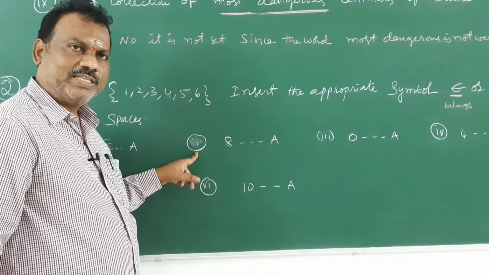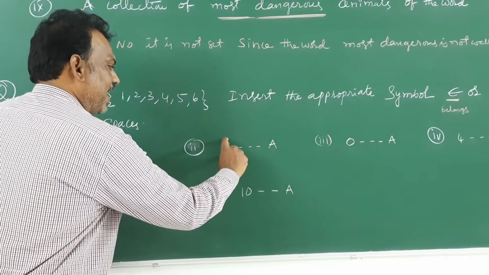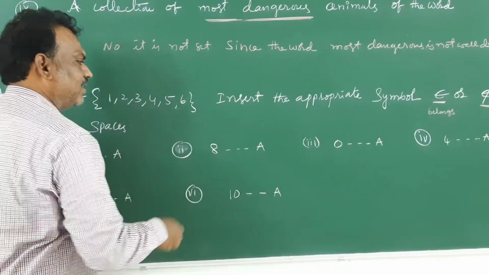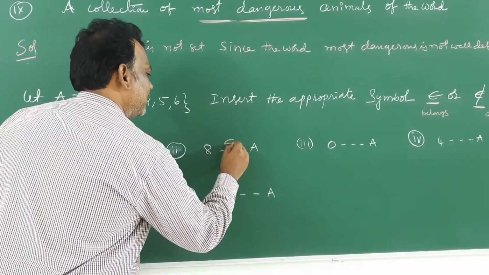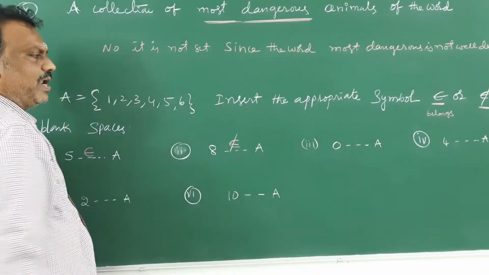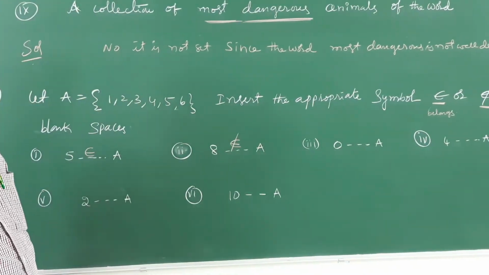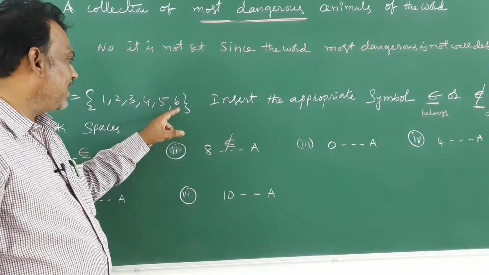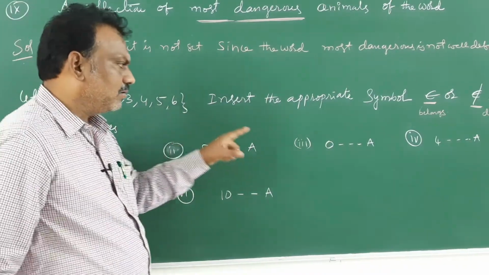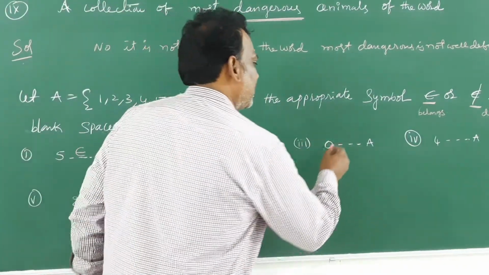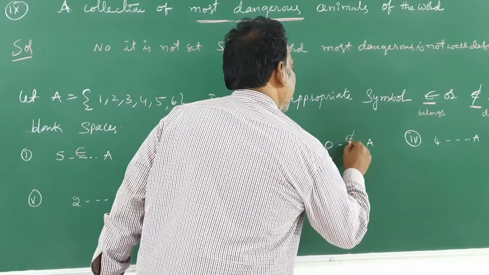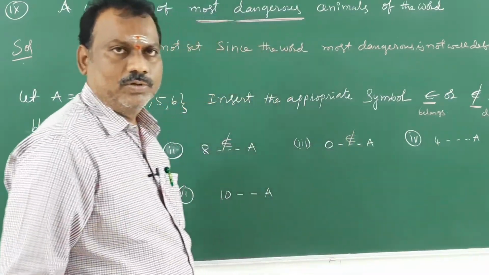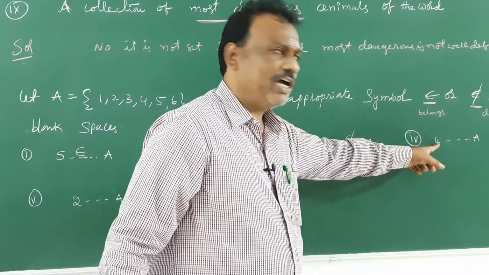Whereas in the second one, there is an element 8. 8 is not here. That's why we should write does not belong to. Again, you can see in this set there is no 0. Here 0 is given. So it is also not present in that set. Does not belong to.